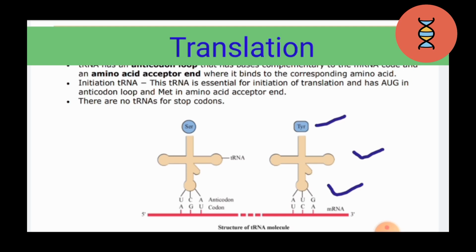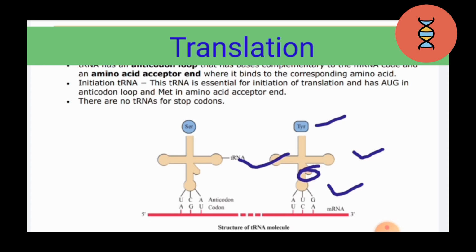It helps in binding to the ribosome. And this is the D loop. This loop is known as the D loop. It helps in binding of amino acyl synthetase. And this one is the variable loop. It is variable in both nucleotide composition and in length.